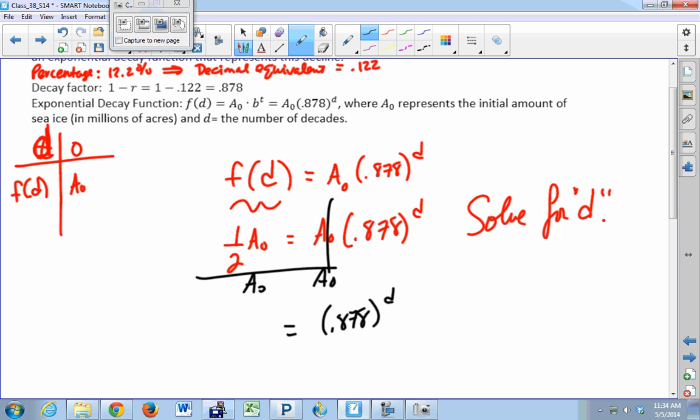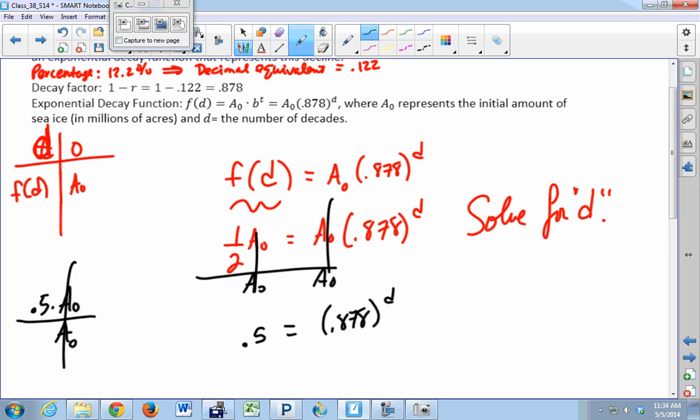One and a half? No. 0.5 times a sub naught divided by a sub naught, folks. 0.5. This cancels. If I asked you for something to double, it's just 2 times the initial amount. Half of what's there is half the initial amount. So you get 0.5 over here.